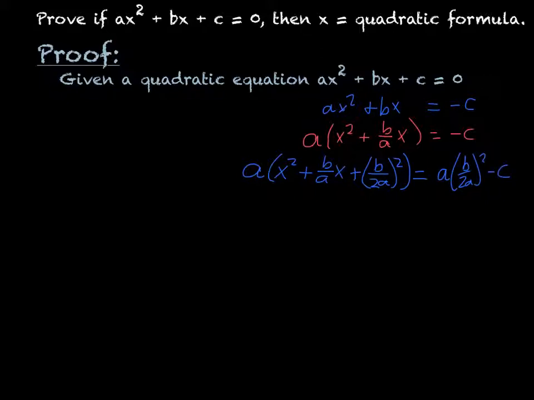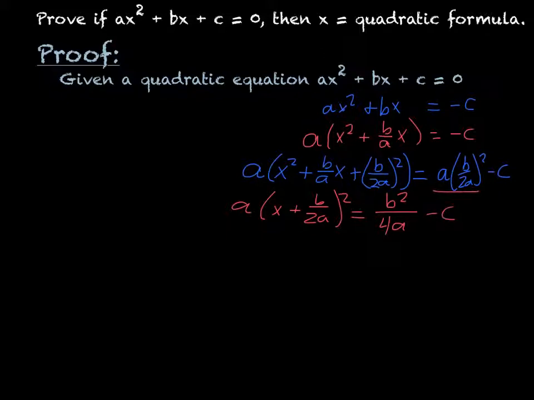And then if I simplify that, I'm going to have a times x plus b over 2a quantity squared equals b squared over 4a, that's if you simplify that whole part, minus c.